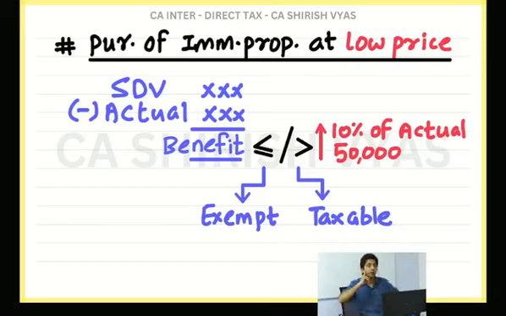See, what was the government's original stand? Bigger than 50,000 taxable. But for such big properties, the difference between the market value and the price which you pay is bound to be big. Because the properties are not for 1,000 rupees. It is in crores.